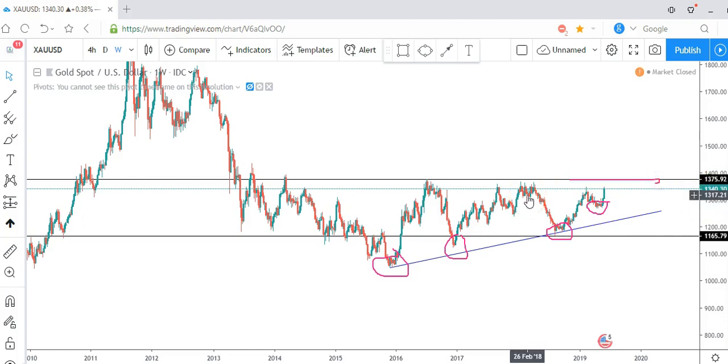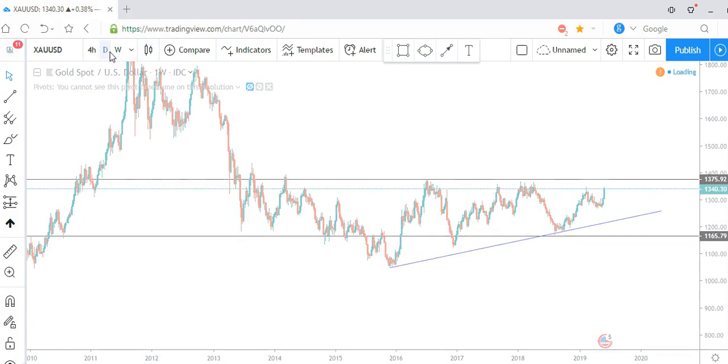When you mark your key support and resistance, and also you identify what price has been doing for, let's say, the past 2 to 3 years, you have been able to determine your market structure. That is one. Now I'm confirming that price is now moving in an uptrend.